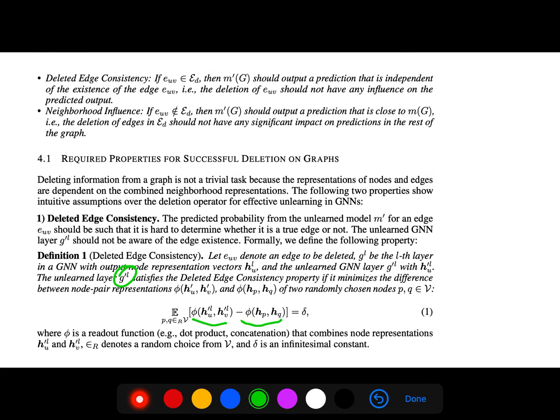For any random P and Q that you choose from the vertices, the expectation over them should be very small.